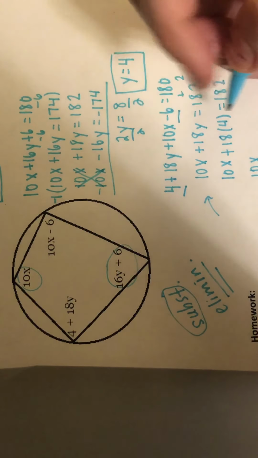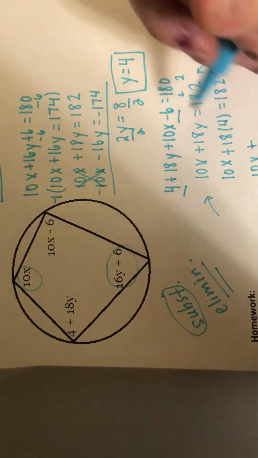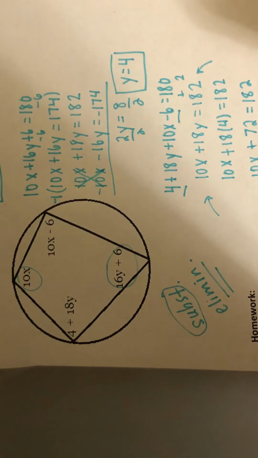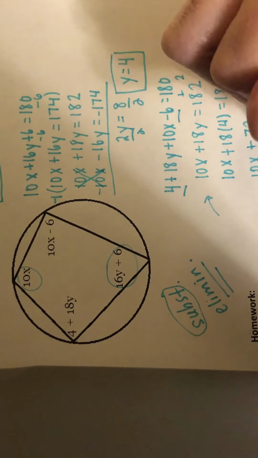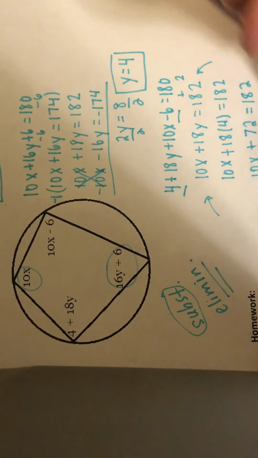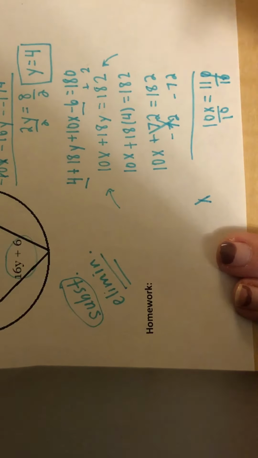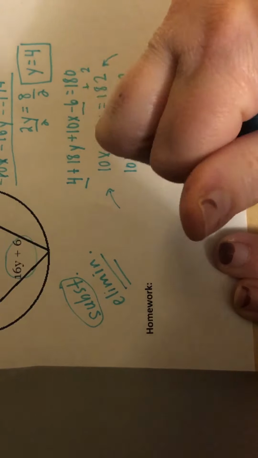So 10x plus 72 equals 182. I'm going to subtract 72 from both sides. I get that 10x is equal to 110. And when I divide by 10, I get x to be 11.